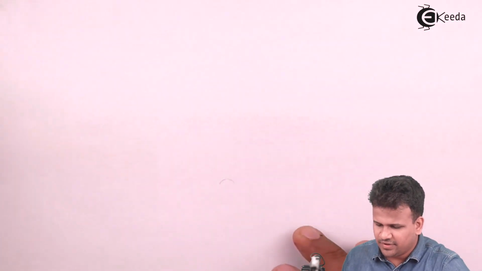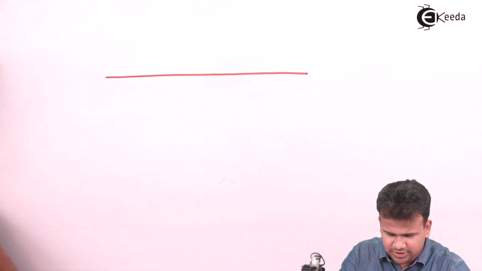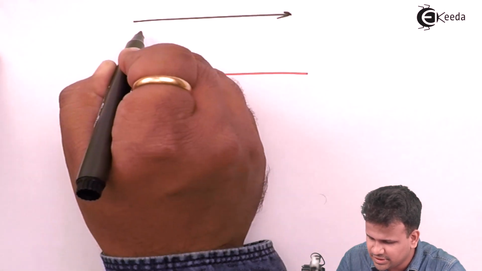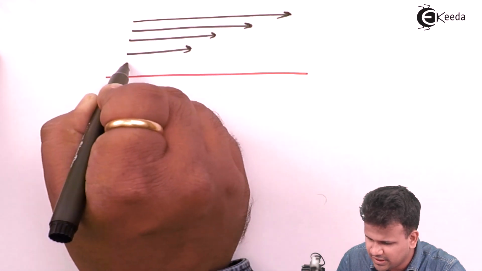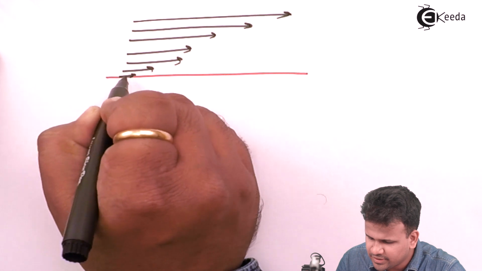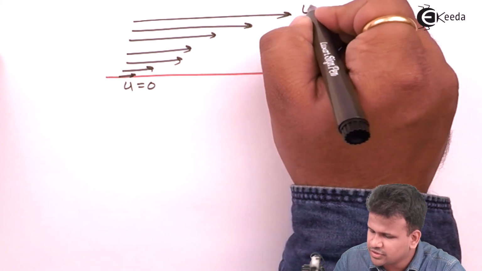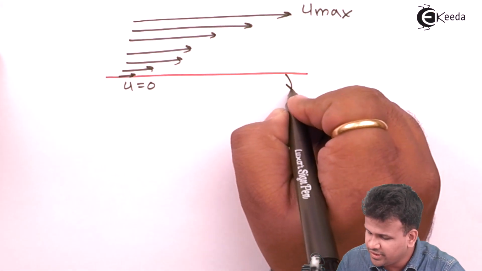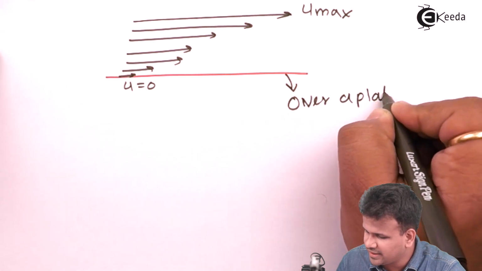are parallel to each other. That means if it is flowing in a laminar flow, the topmost layer will be traveling at a very high velocity, then the second last layer, third last layer, fourth last, and so on, and the bottommost layer will have zero velocity. The topmost layer will have maximum velocity if the fluid is flowing over a plate.